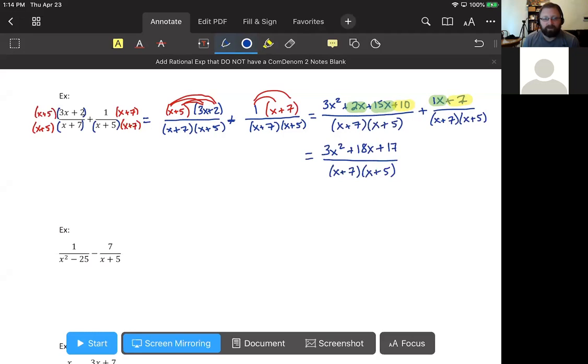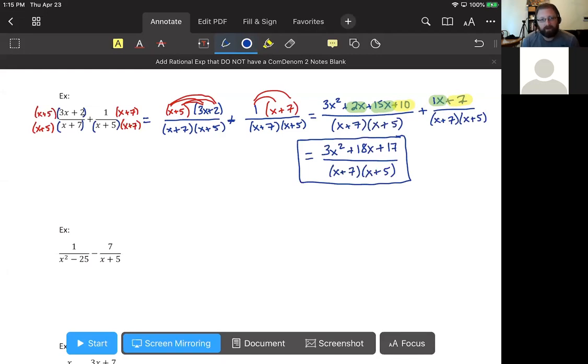So we would look at this and go, oh, a is not equal to 1, so we have to do 3 times 17, which would be numbers that multiply to 51 and add to 18. There are no numbers that multiply to 51 and add to 18. So the top is prime. Since the numerator cannot be factored, that is our final answer, because that means it cannot be reduced. Okay?